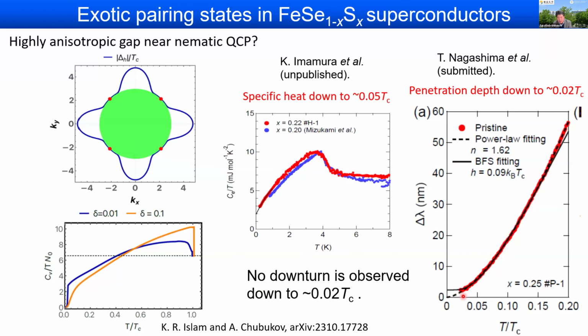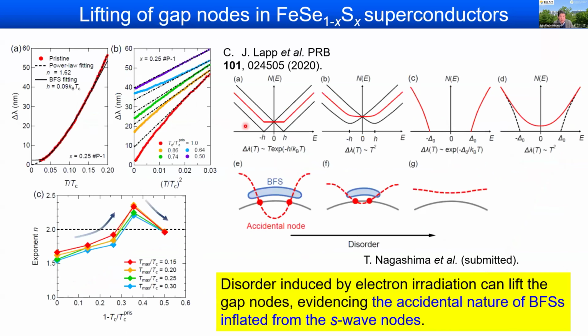And so we decided to fit our penetration depth data to this Bogoliubov Fermi surface picture. And here is a model to describe the energy dependence of the quasi-particle density of states that can fit our penetration depth data very well. And we also studied the disorder effect by using electron irradiation.